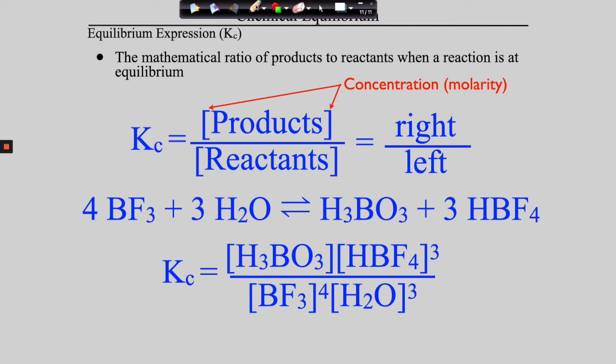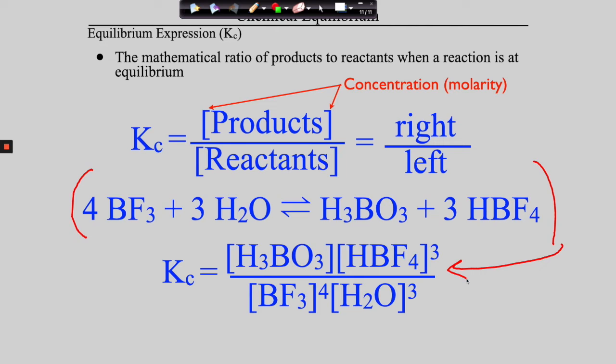So guys, given the Kc expression, figure out the 3 important rules that allow you to turn balanced equations into Kc expressions. And guys, there are 3. We're going to pause the video and let you talk about it.